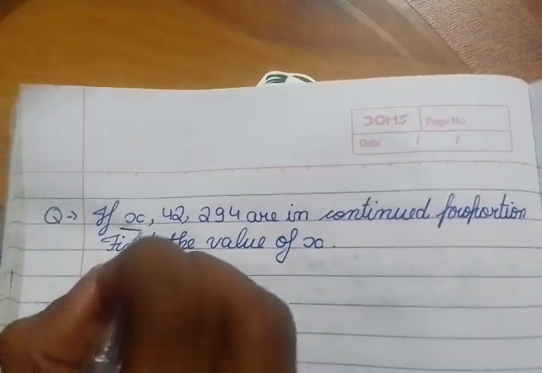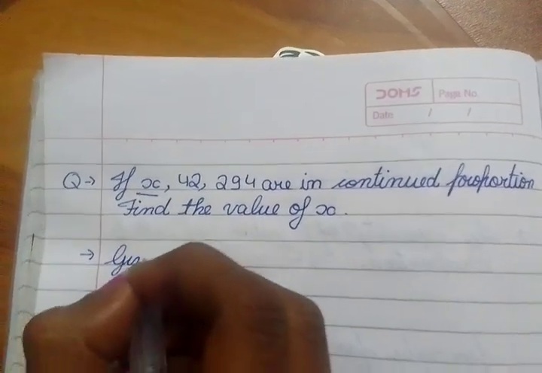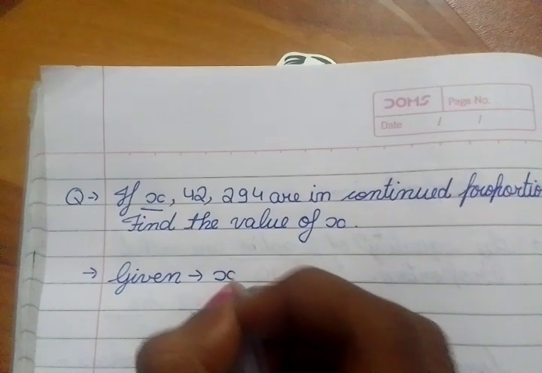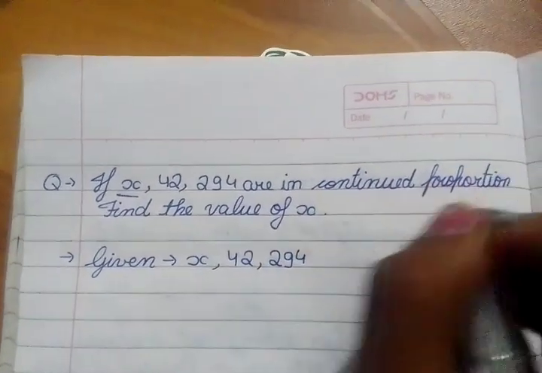The value of X. So here we will write the given part. Given is that X, 42 and 294 are in continued proportion.